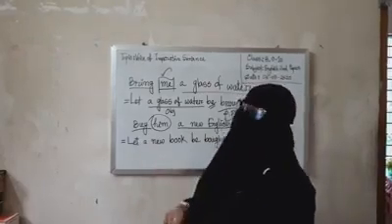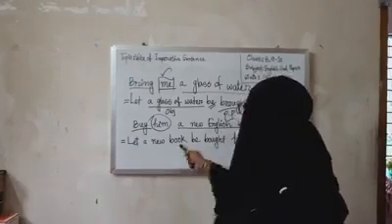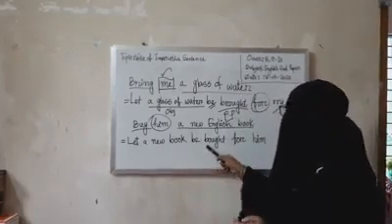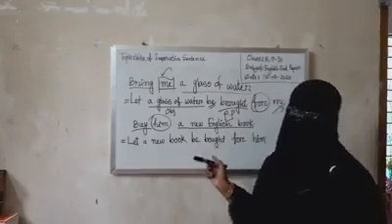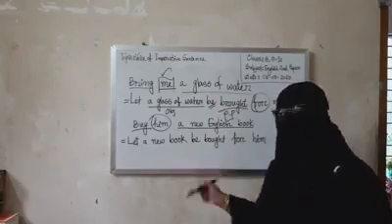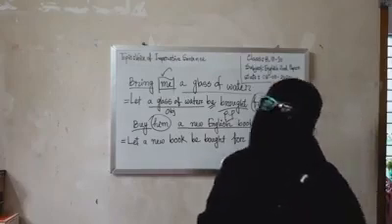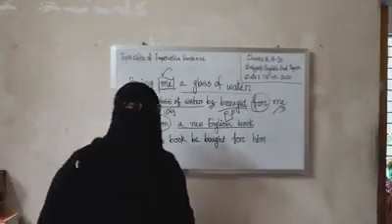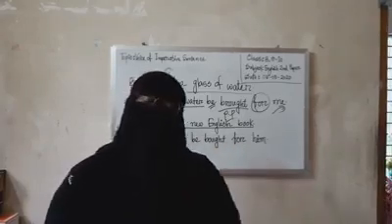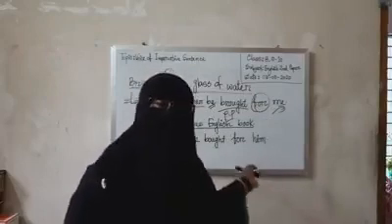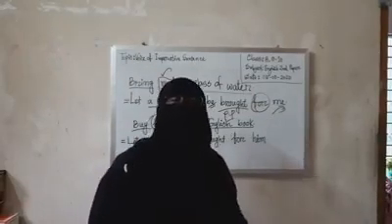Obviously, at first we have to use let, then the object of the sentence, then be as a rule, and then the past participle form of the verb, and then for. Then the personal object. Do you understand? Dear learners, I wish you understand. If you do not understand the rules, please notify me in the comment box.